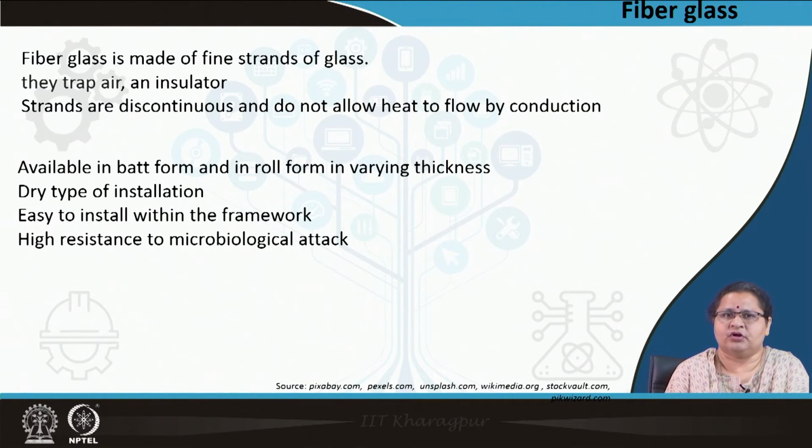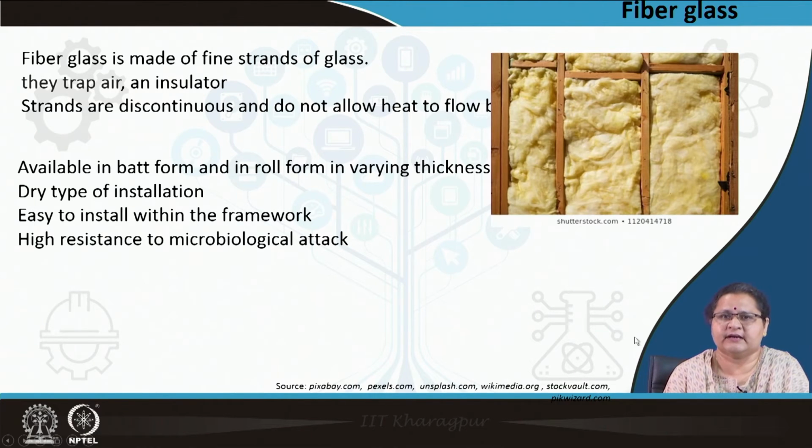These are also used as insulators as it contains a lot of air inside it. So, this air is trapped in, and this trapped in air actually acts as the insulator. So, no heat transfer happens, and these fine strands of glass are again discontinuous, and hence heat is not flowing through by conduction through these.